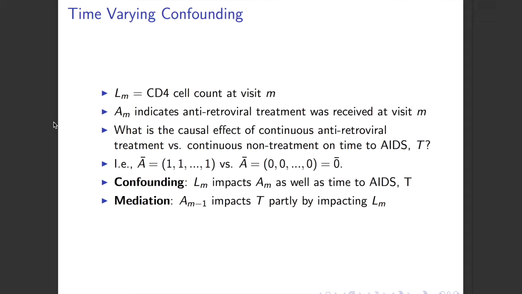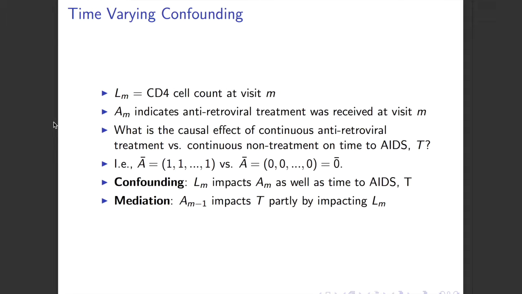So, here's the problem. We have confounding, right? Your CD4 cell count at visit M is going to impact the decision that the doctor makes to treat you. It's also going to impact your time to AIDS, because if you have a very low CD4 cell count, then you're closer to AIDS, and that's also why the doctor might treat you.